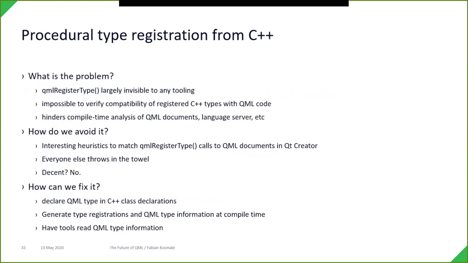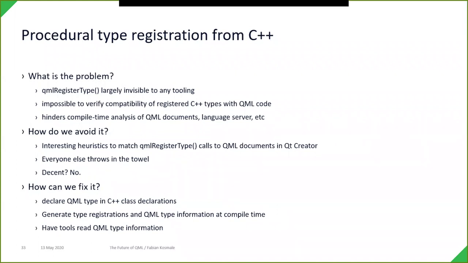And what's the problem? Well, the problem is that our register type functions are largely invisible to tooling. That makes it impossible to verify the compatibility of the registered C++ types and the QML code. And it hinders our tooling.